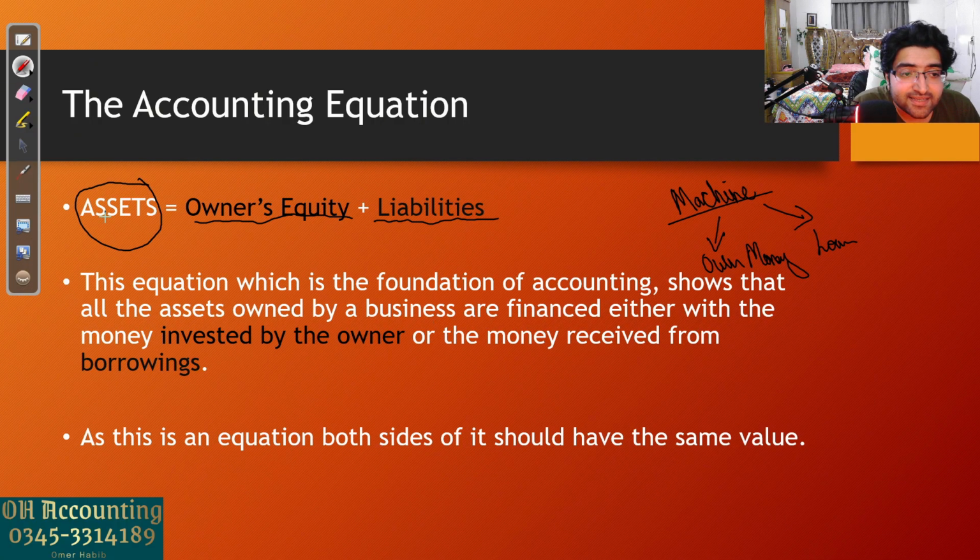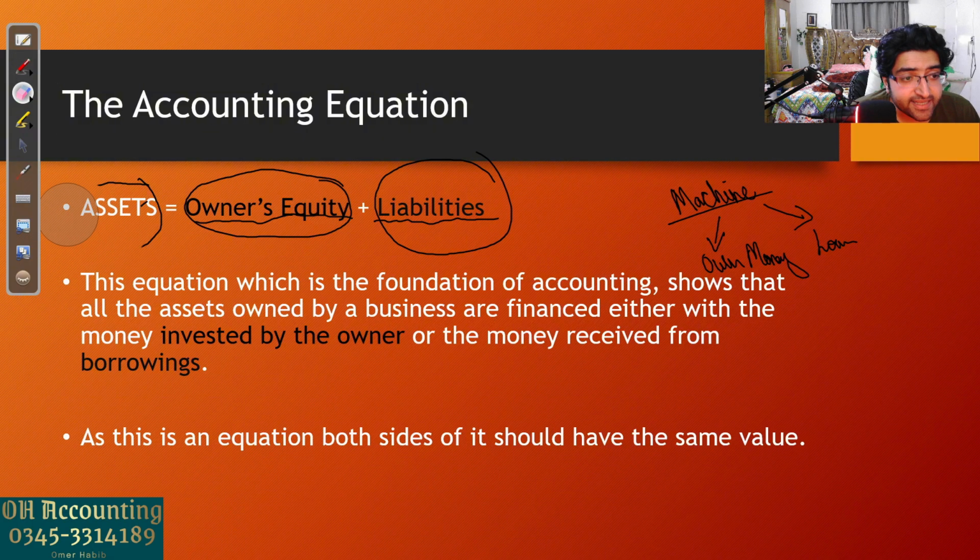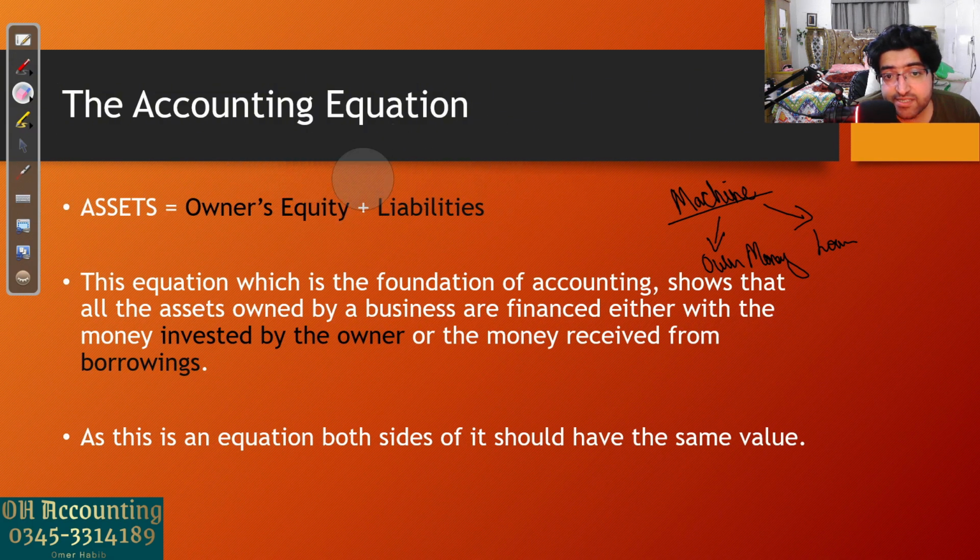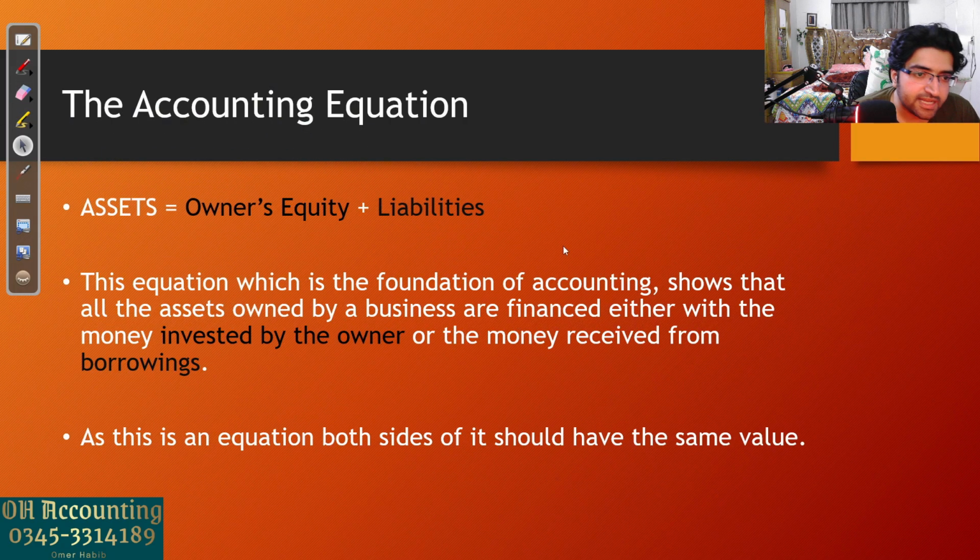So all the assets that are owned by the business are either financed by the owner himself or purchased by taking loan from someone else. It might be a bank, it might be a person. So that's why we have designed this equation. Both sides of this equation should always be equal, right? Let's move on.